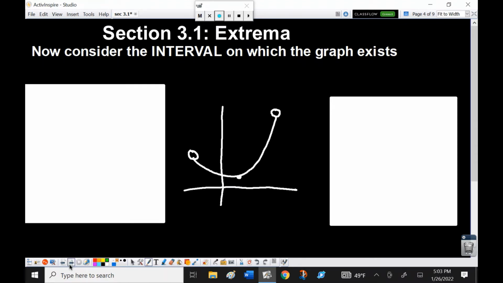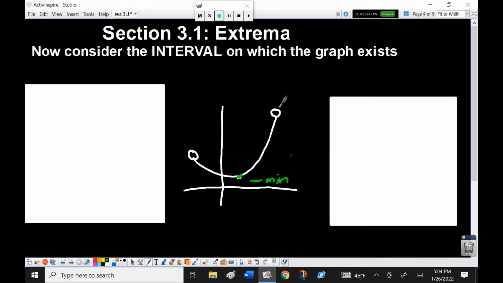Let's look at some other examples. Consider this. It has open dots at either end. Here, this still has a minimum value, so we can call this the minimum because it is the smallest y value on this entire interval.